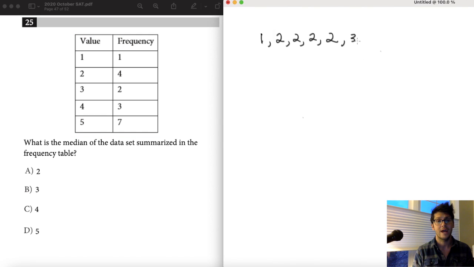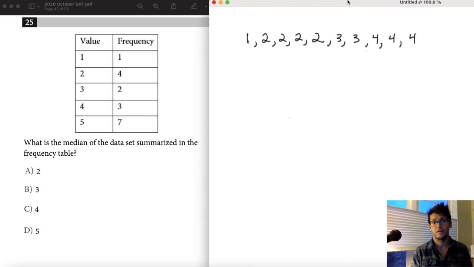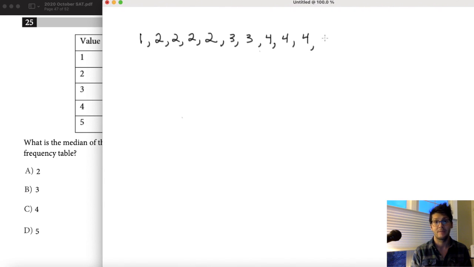The 4 happens 3 times. 5 happens 7 times: 1, 2, 3, 4, 5, 6, 7.